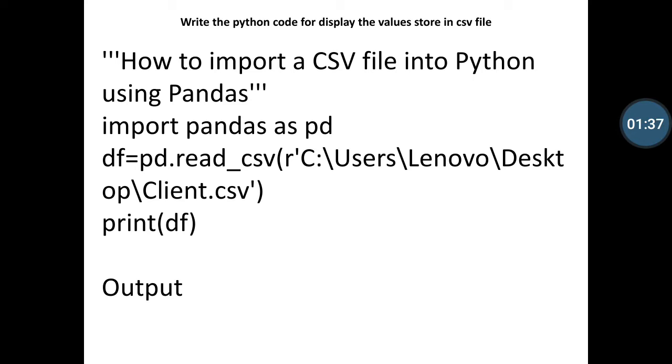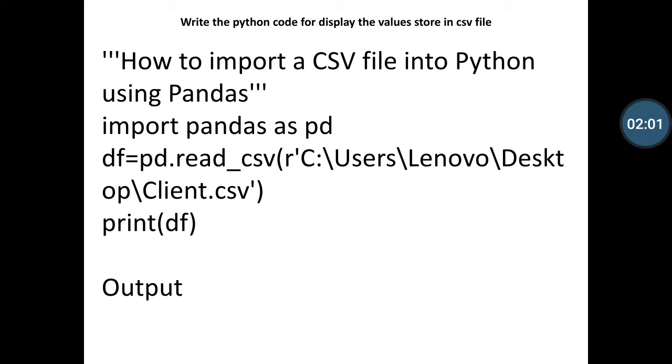pd.read_csv, the method called from the pandas library. Then I put the r as a string prefix to read the file, and I define the path where my file is stored.